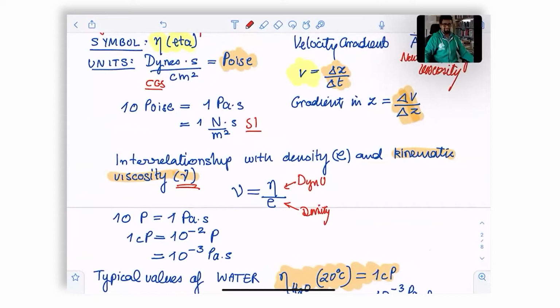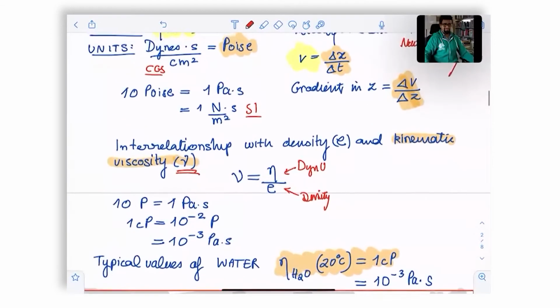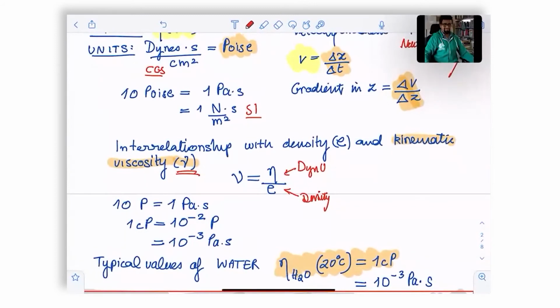The relationship between units in viscosity, we said our Pascal second are 10 poise, but the most frequently found number for a viscosity that we will be concerned with, because it relates to biological materials, and remember we started with this motivation that biological materials are mostly made up of water, is the viscosity of water.